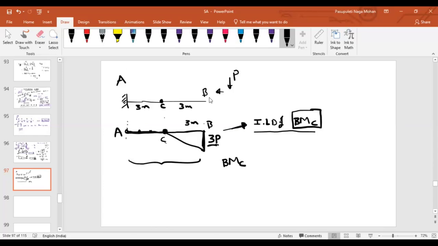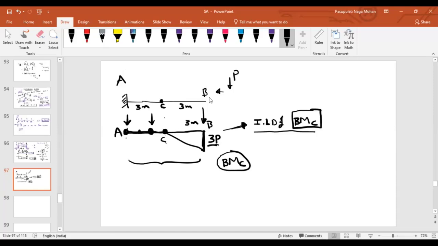But wherever you are taking the ordinate, that ordinate represents the position of the unit load. If I am talking about the ordinate here, that means my load is somewhere here. If I am talking about the ordinate of this, that means my load is here. If I am talking about this ordinate, my load is here. But each and every point represents the bending moment at point C only.